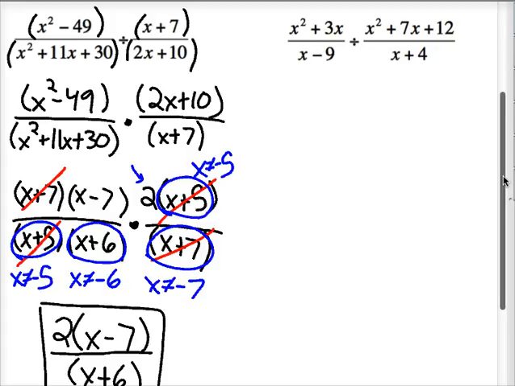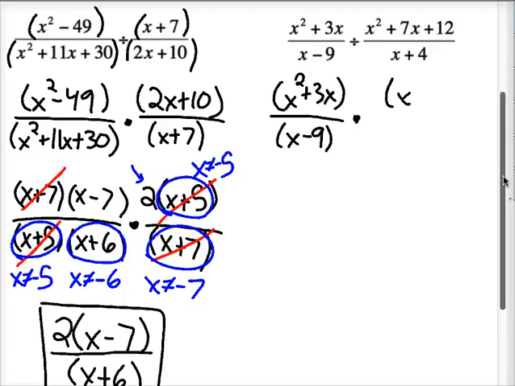So first things first, here I'm going to start by flipping my second fraction. And now I'm going to start factoring. So x squared plus 3x.